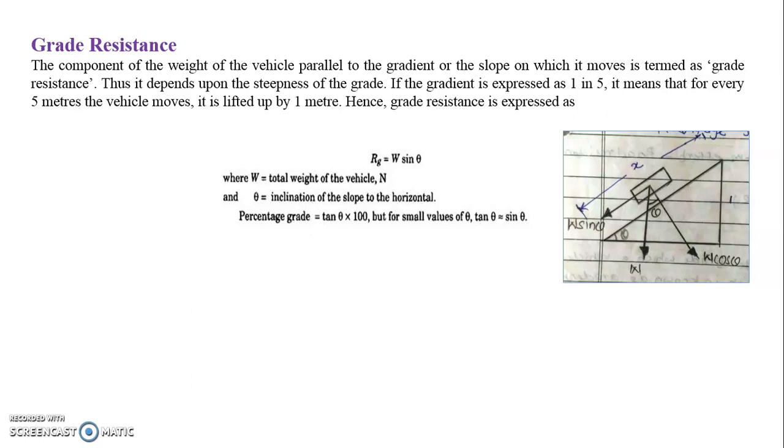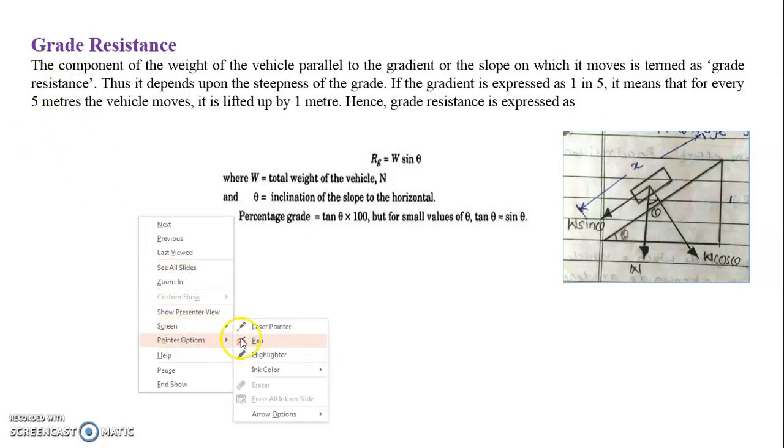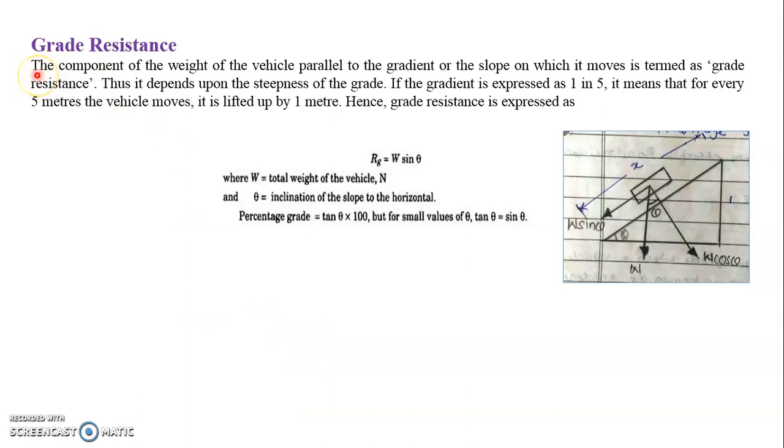So here we will see the grade resistance. What is the grade resistance? The component of the weight of the vehicle parallel to the gradient or slope on which it moves is termed the grade resistance.